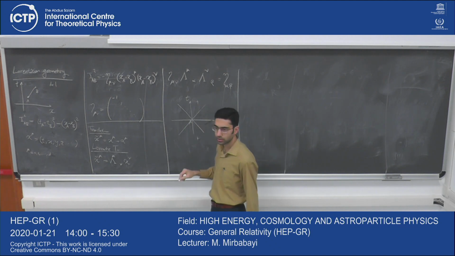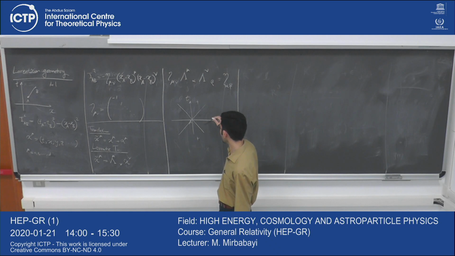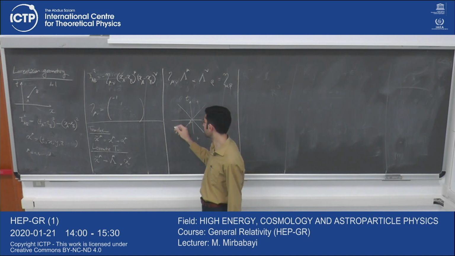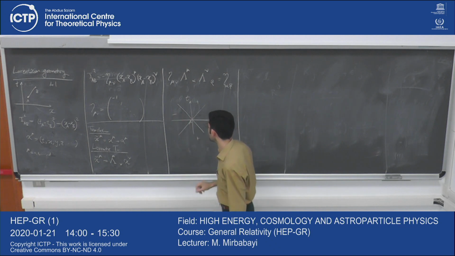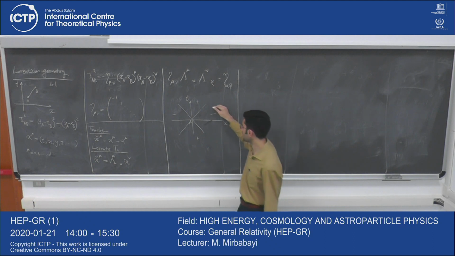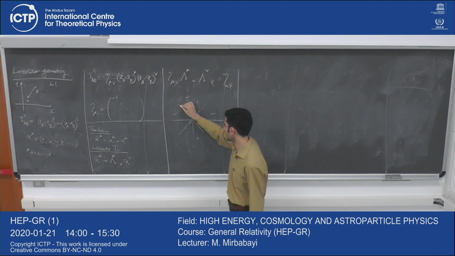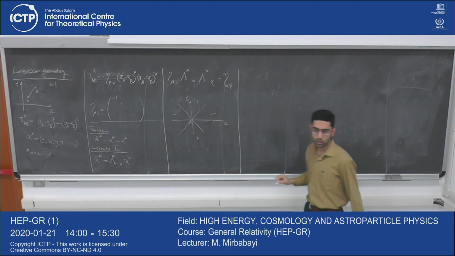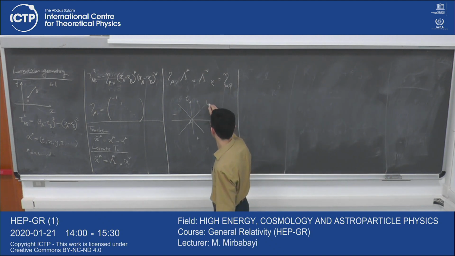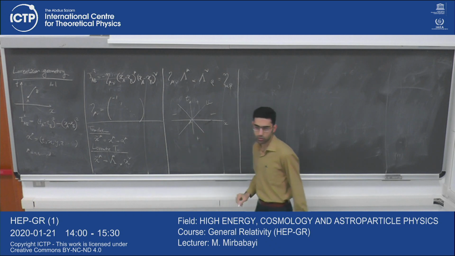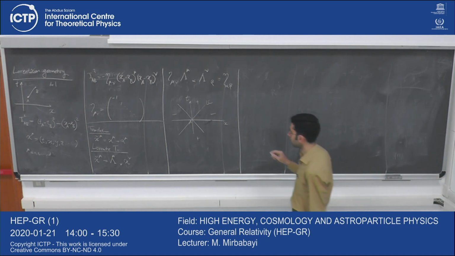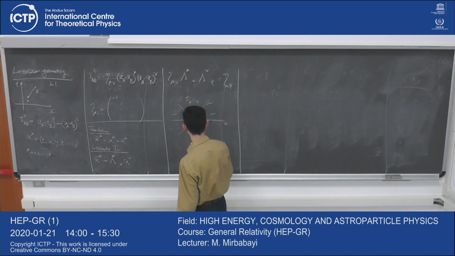So here I is positive. There are points which are causally disconnected, which are space-like separated. And then there are points which are null separated, for which I is equal to 0. And that forms the light cone of our observer or event or point.